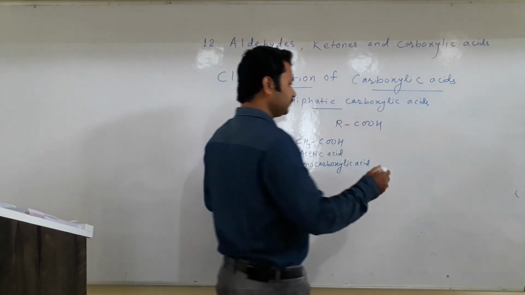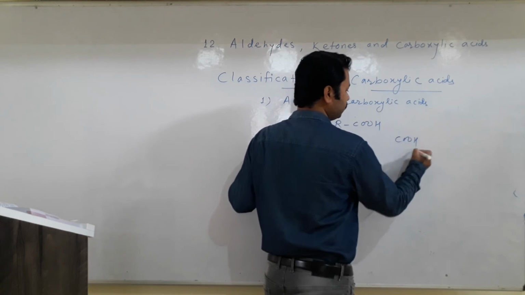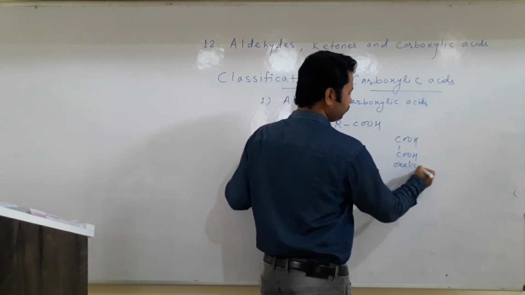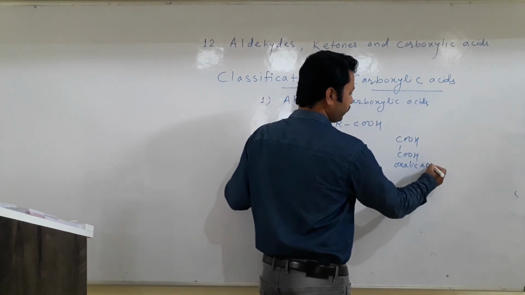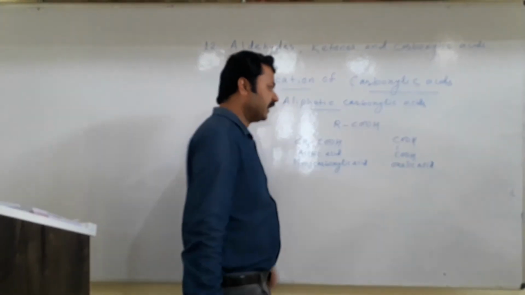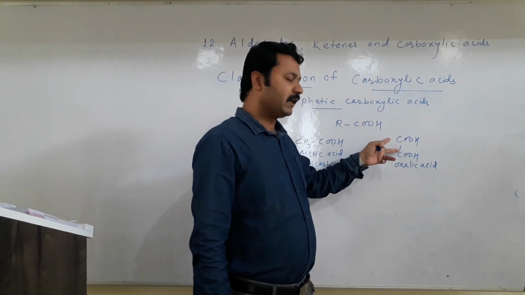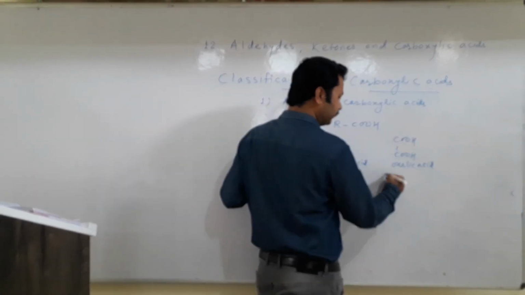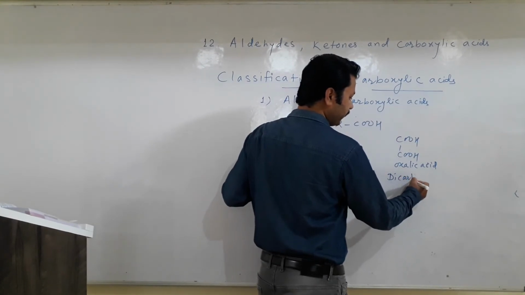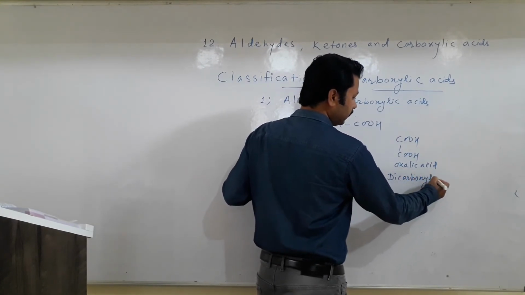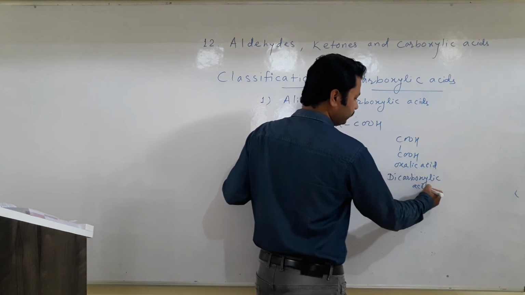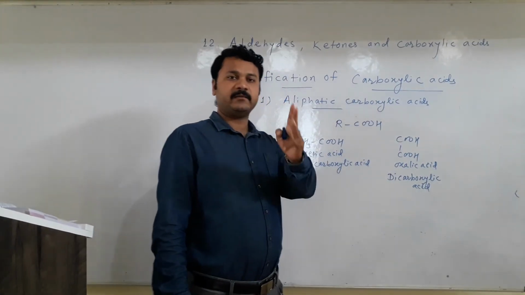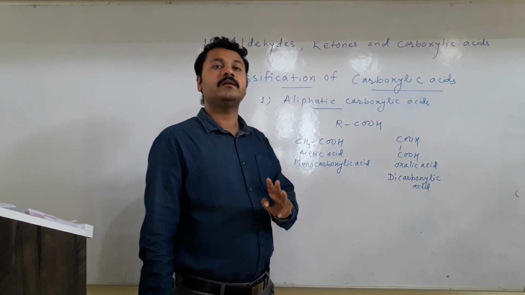Second example is oxalic acid. In this example, there are two carboxylic groups. So it is called dicarboxylic acid. Then if the acid contains three carboxylic group, then it is called tricarboxylic.